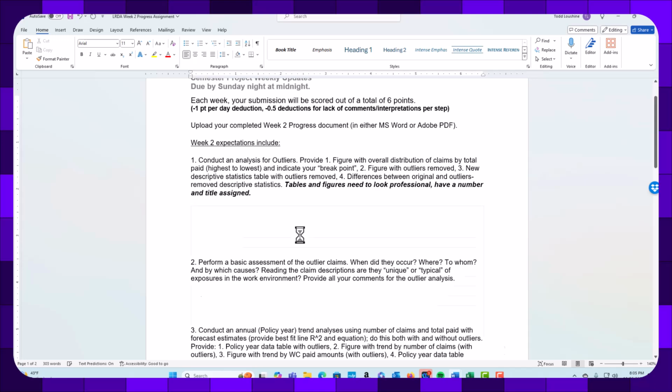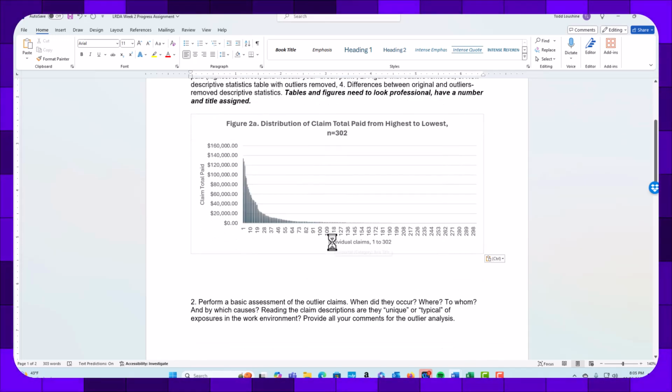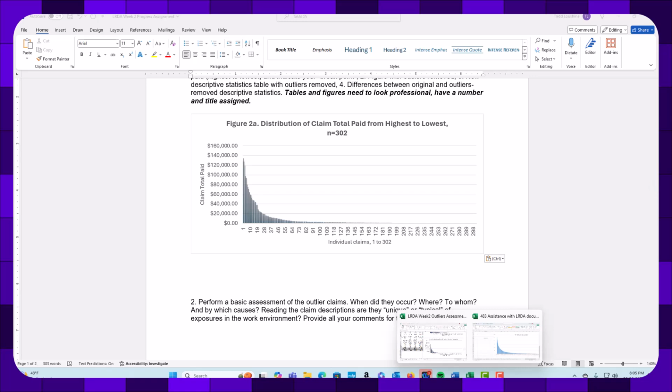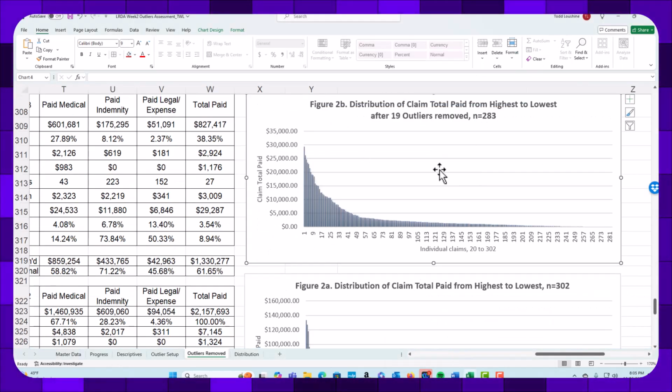Paste. That's not too terrible, is it? Okay, let's bring over the other one. It didn't turn out too bad. Now let's bring B. No, this one is probably going to look horrible.